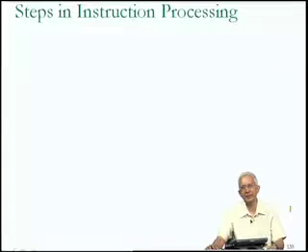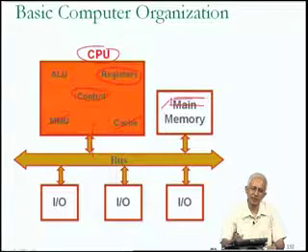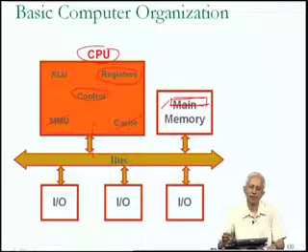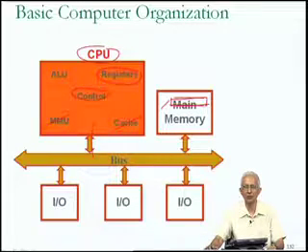So what are the steps in processing a single instruction? Our base assumption is that to start off with, the instruction is present in main memory, and that to be executed, the instruction must be present inside the processor, because it is the processor that has the hardware to execute an instruction. The main memory just has the capability of remembering things.